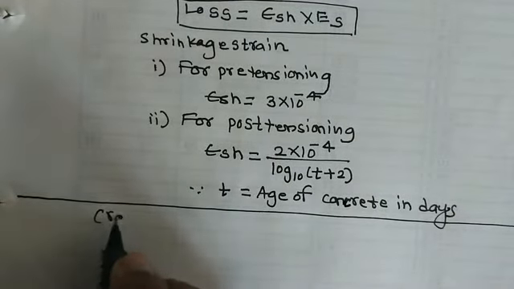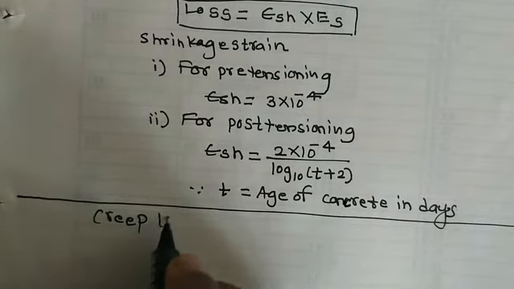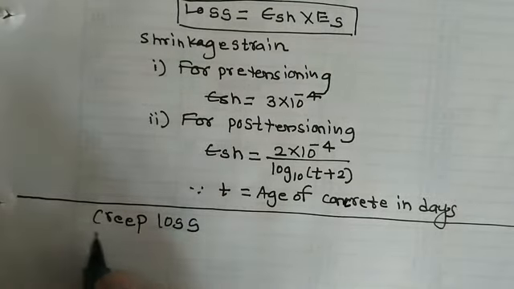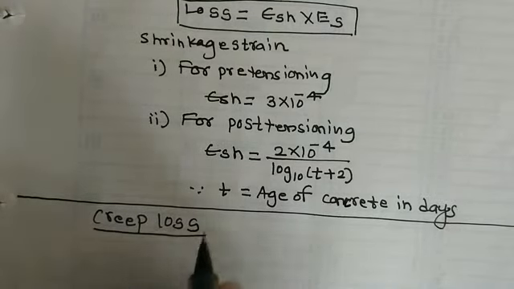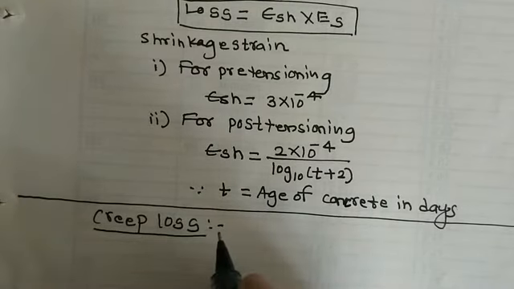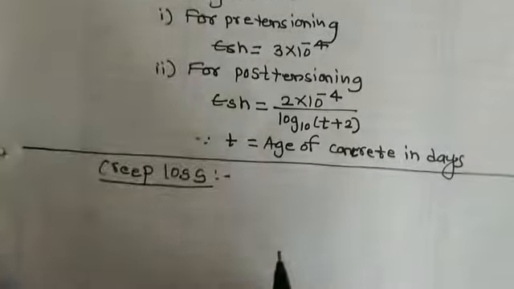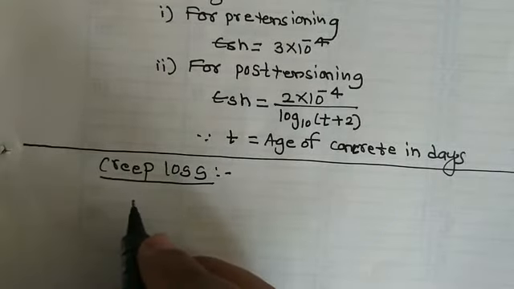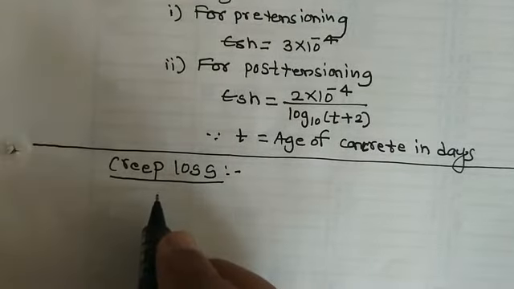Next is creep loss. This loss is developed due to the creep property of a concrete. We can find out this loss using two approaches.